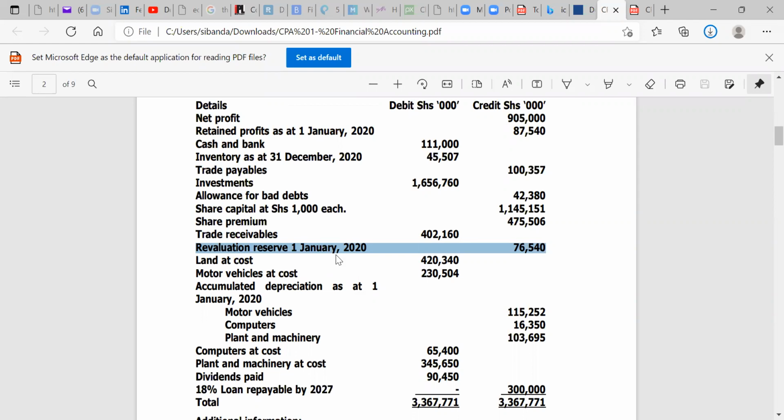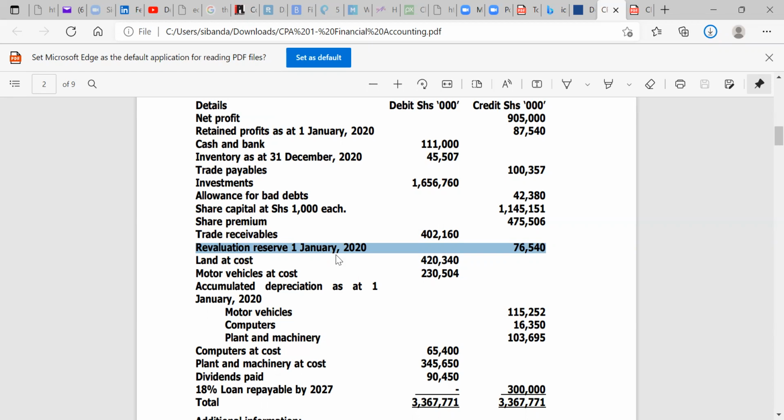Now, because of what we call the historical concept in accounting, which requires us to record transactions at the cost at which we bought them, you find that that land on somebody's balance sheet is showing 2 million, when in reality, that land is worth 20 million. So to remove those variances, we have what we call revaluation.